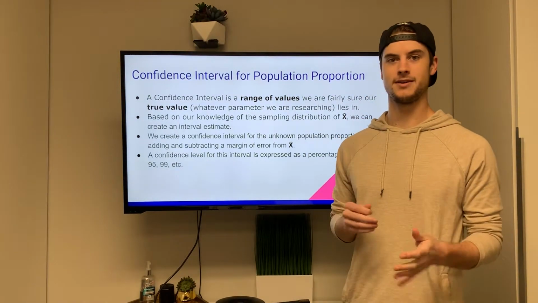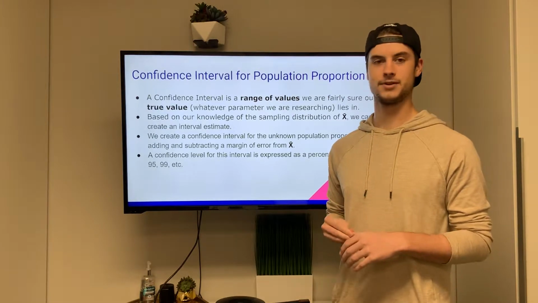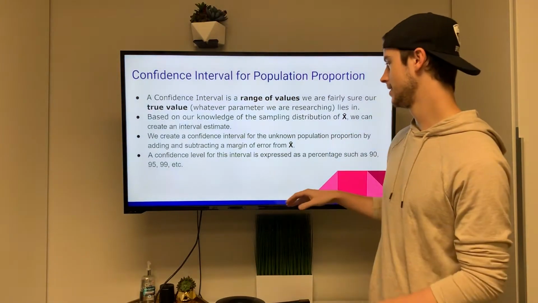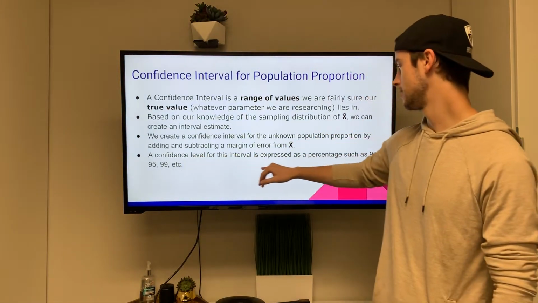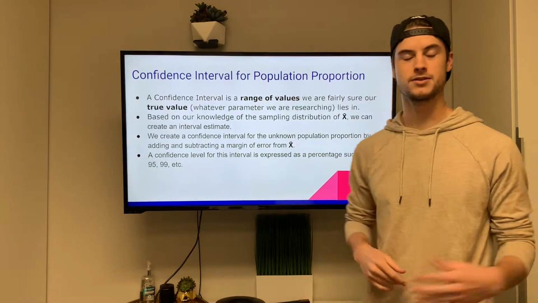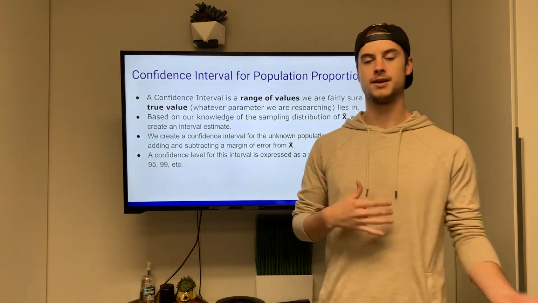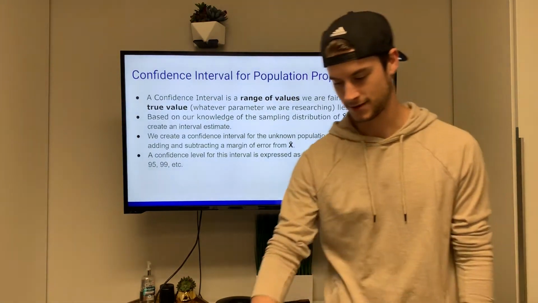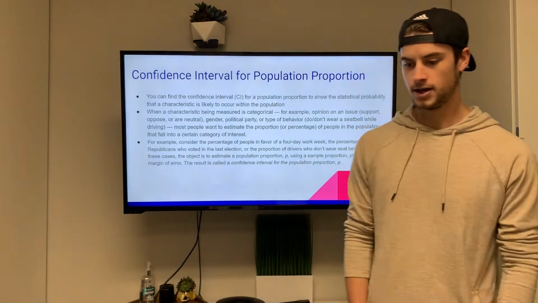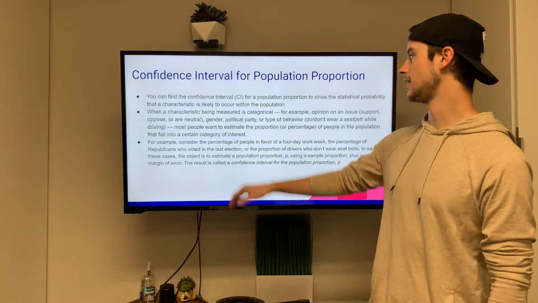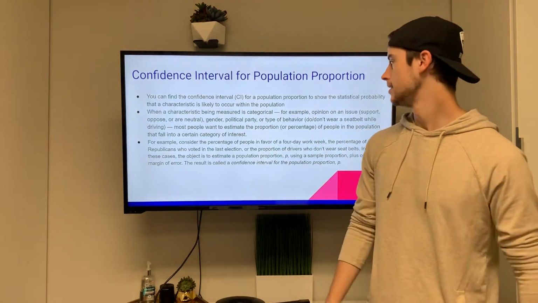I really broke this down for you, so if you don't really understand it yet, that's fine, okay? And again, the confidence interval is expressed as a percentage, just like the range of sample means, right? We have 90, 95, 99, etc., okay? So, you find the confidence interval, call it CI, okay?